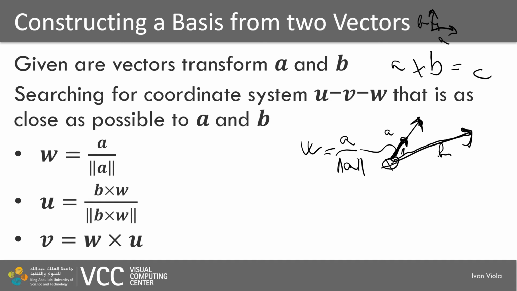So now we have the vector W, and we have the vector U pointing orthogonal to W and B. The third vector we need to calculate is the vector V, which we can calculate as the cross product between W and U. These two are already normalized, so we do not need to perform additional normalization. The vector V will be pointing in this direction, so it is orthogonal to W, and also orthogonal to U, which is pointing into the slide.